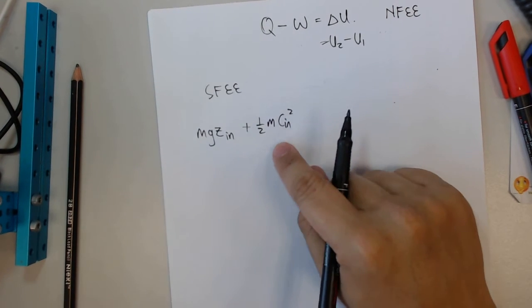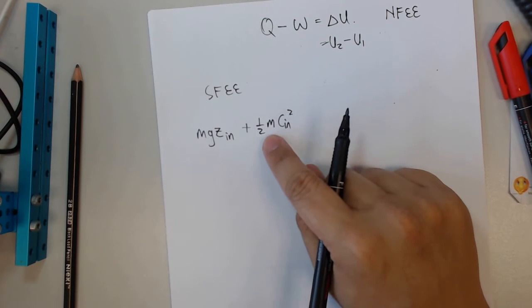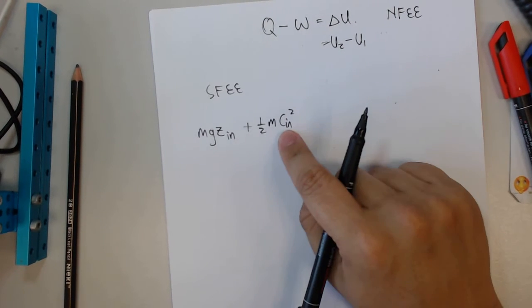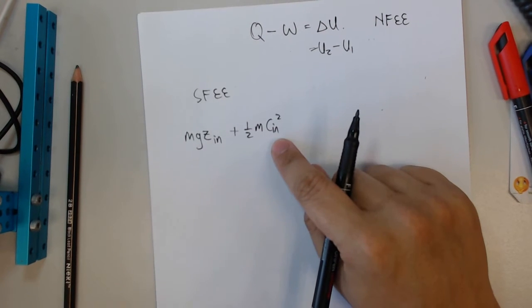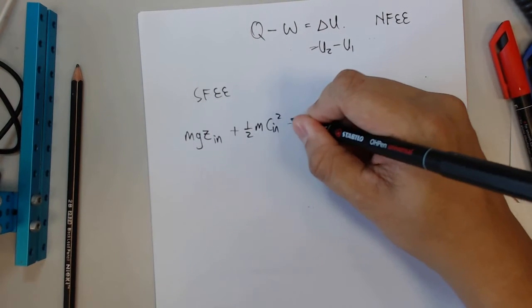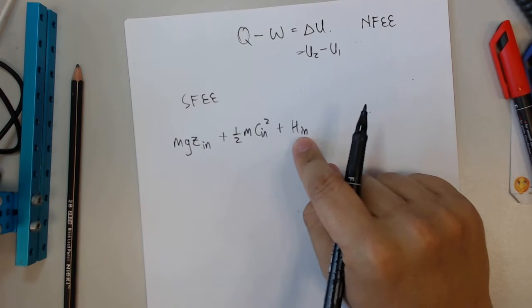We used to call it half mv squared, but because v is now used for volume, we replace it with c for velocity. Half mc squared. And you will also have the enthalpy at the inlet.